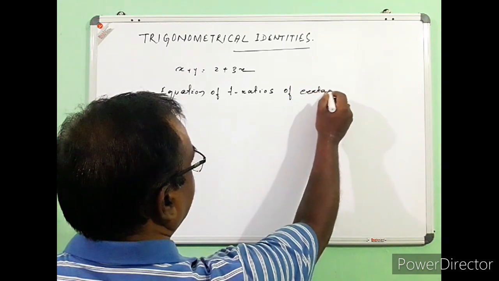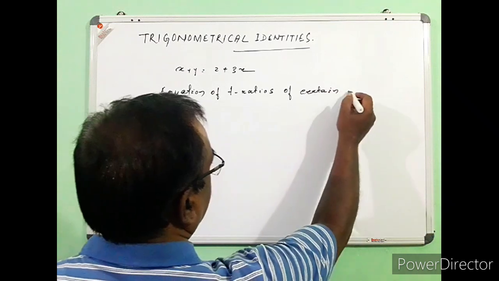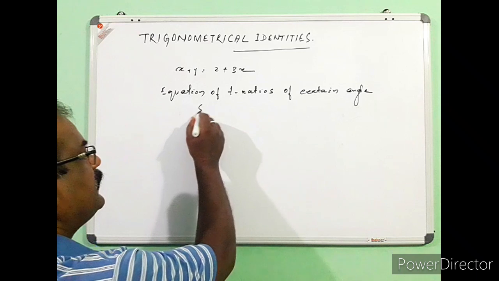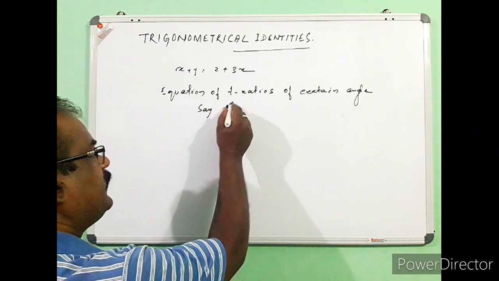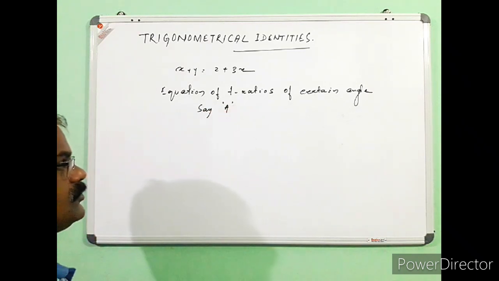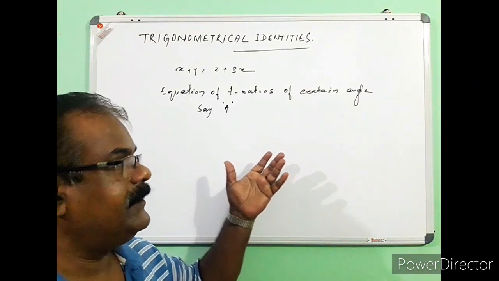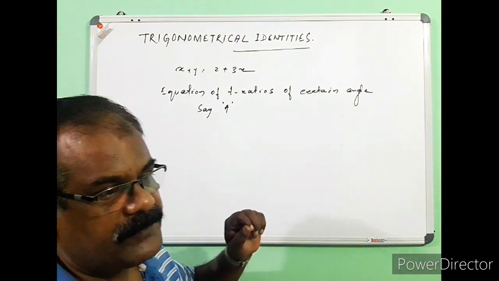The angle may be A, B, C, D, whatever it may be. If it is true for all values of the angle A, then we can say that it is a trigonometrical identity.